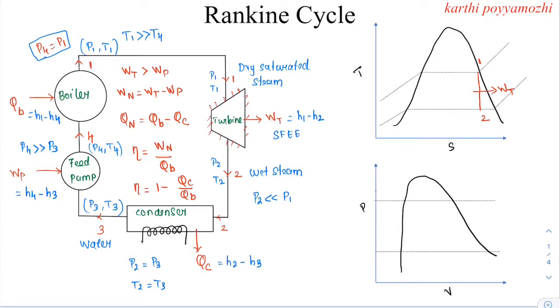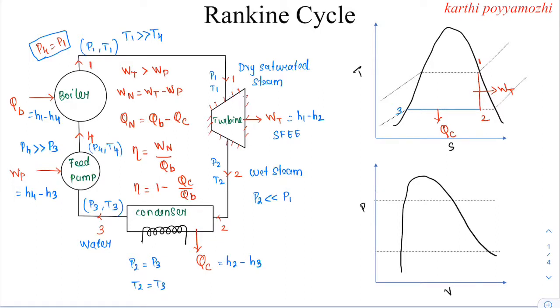Therefore, this is a constant pressure process. From 2 to 3, in this process the heat is being rejected from the system, which is considered to be QC.